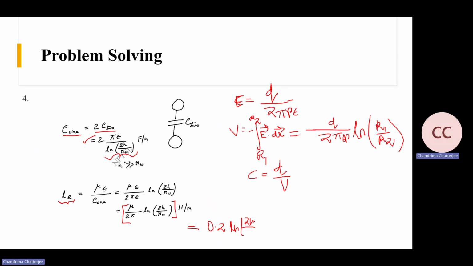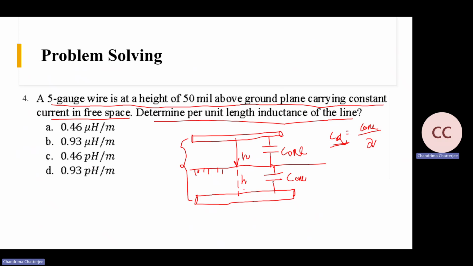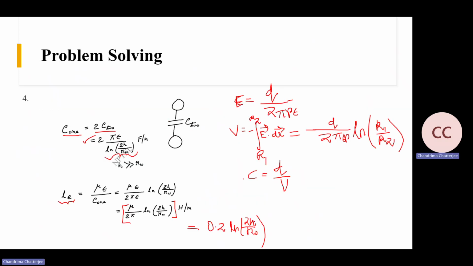You see this expression is very similar to the two-wire case, except that for the two-wire case it was 0.4 ln s by rw, where s was the separation between the two lines, and here it is 0.2 ln 2h by rw. It is just reduced by a factor of 2. Otherwise, the expression is same. 2h is the separation between the two lines, and rw is the wire radius.